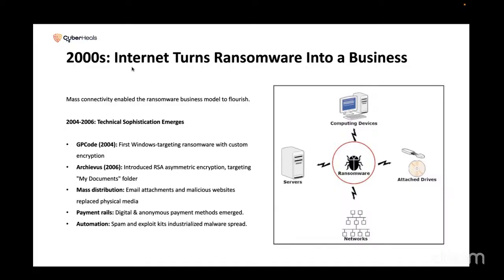Then the internet turns ransomware into a business. In 2004, they had Windows targeting. In 2006, RSA asymmetric encryption. RSA is a company, am I right? Rivest-Shamir-Adleman algorithm, asymmetric encryption, targeting the My Documents folder, mass distribution using email. Then they used payment rails and digital automation.